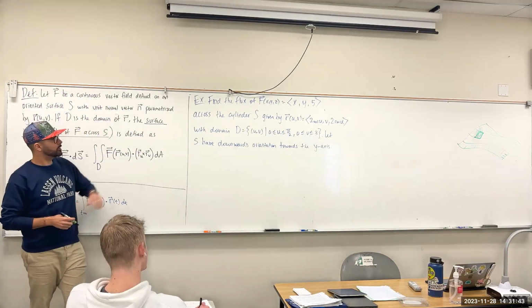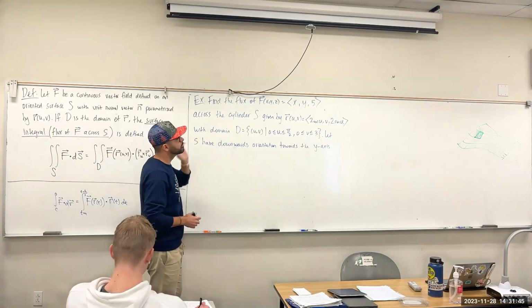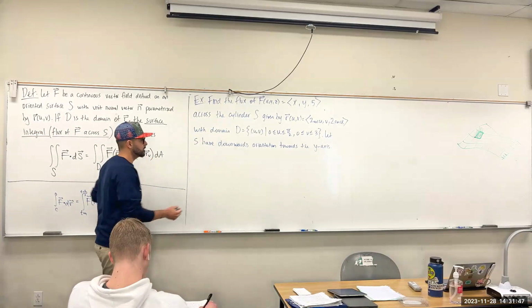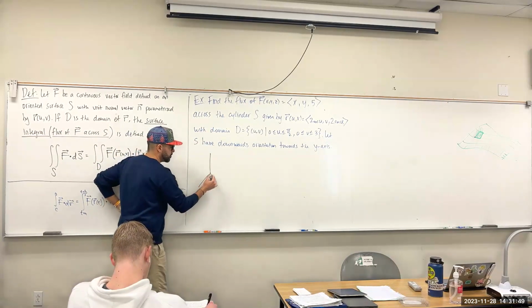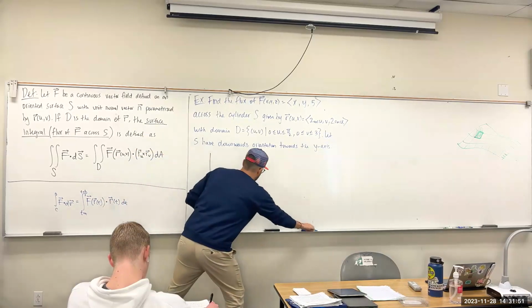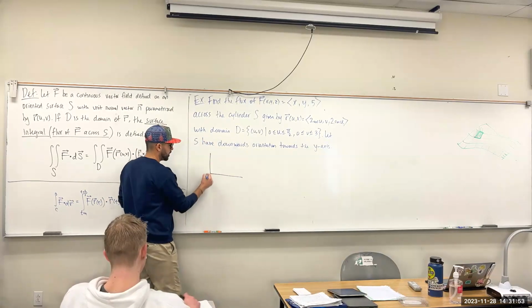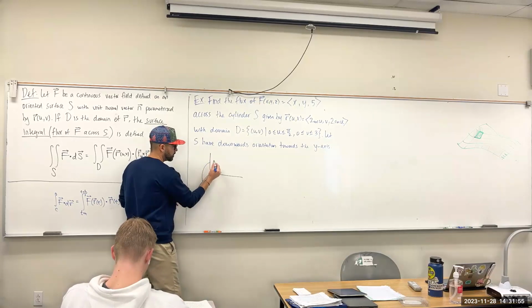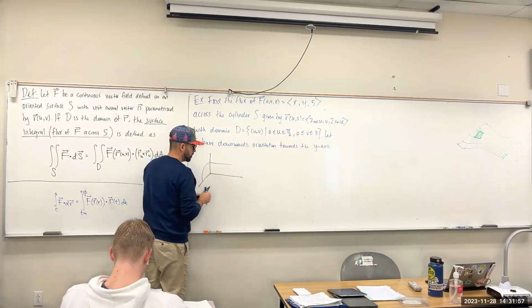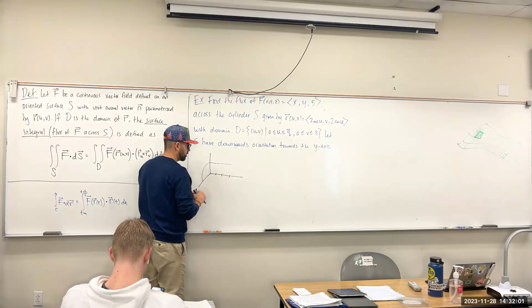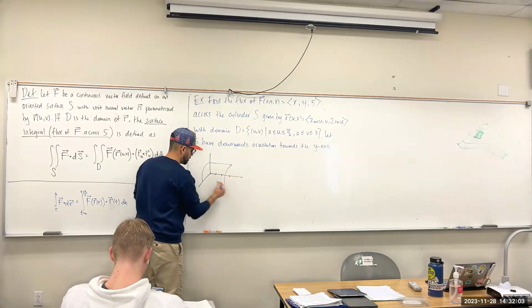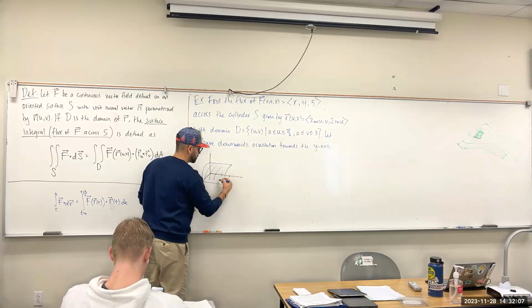So we've been playing with this surface a lot from the beginning of 16.6. It's that same one that I've been showing you. It's a cylinder that goes from 0 to pi over 2, and it only goes up to y equals 3. So it's this piece here.